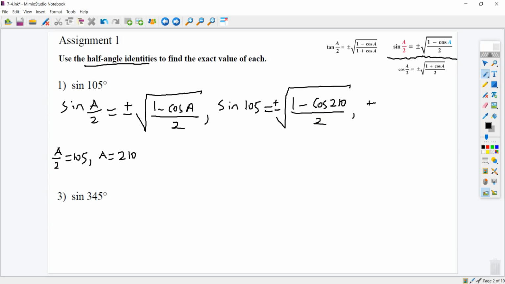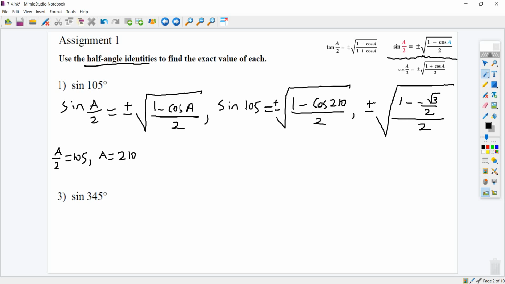So the answer so far we should have is this: 1 minus negative root 3 over 2, all over 2. The negative root 3 over 2 is for the cosine 210, and the negative sign is here, as you can see.